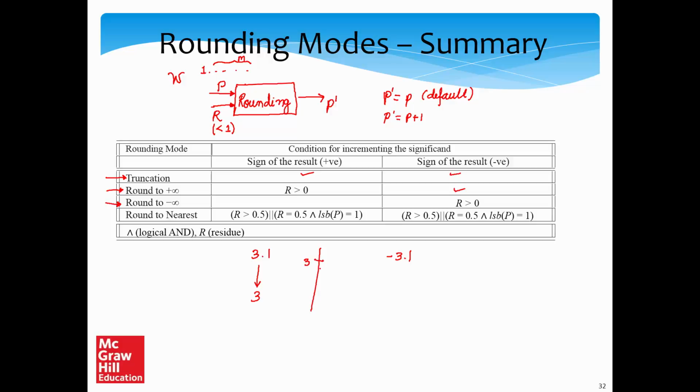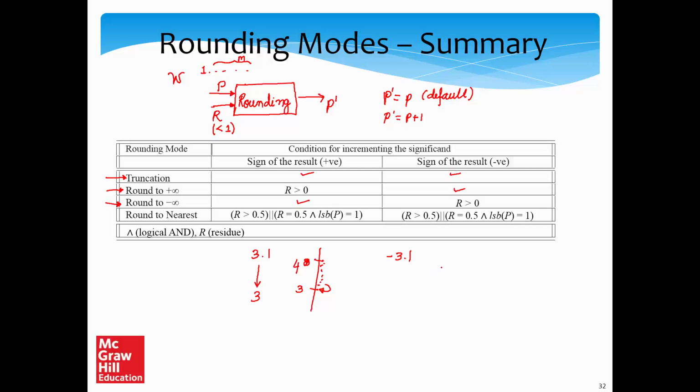Let me have 4 over here and 3 over here. All the numbers between 3 and 4 will get rounded to 3. So what we are doing is that when the sign of the result is positive, we are discarding the residue. So that's the reason we can do our default action here.